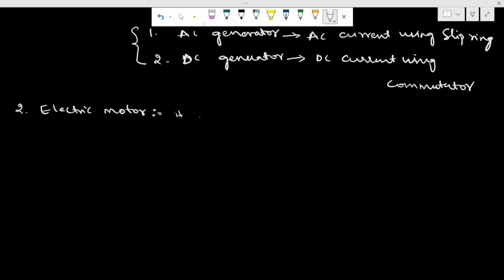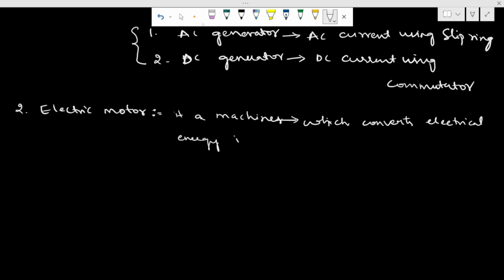It is also a machine which converts electrical energy into mechanical energy in the presence of magnetic field.